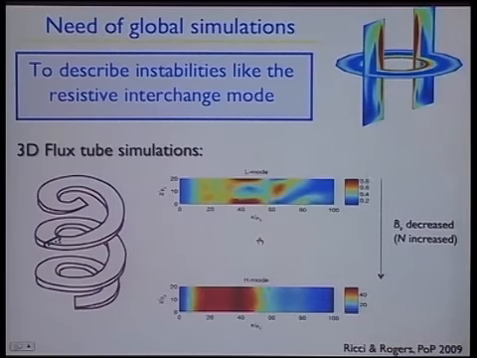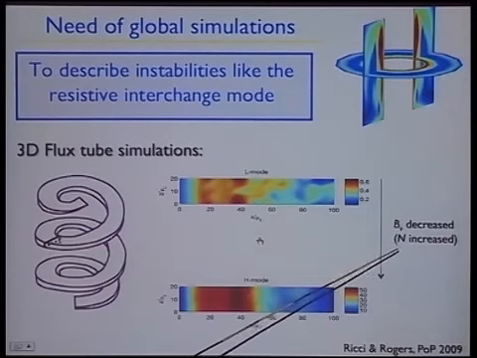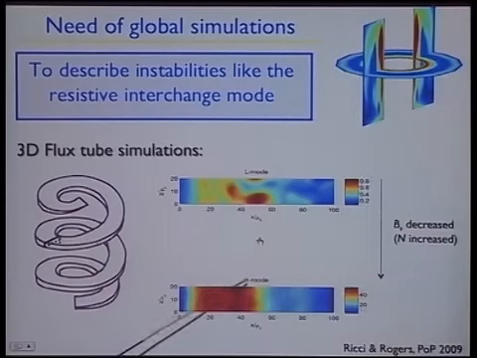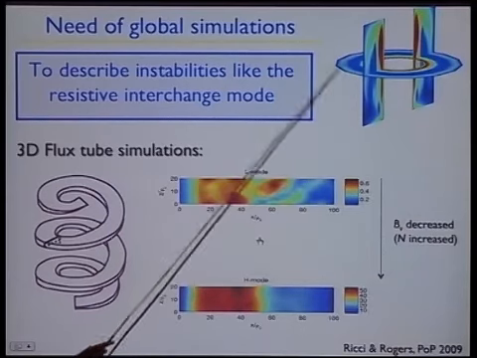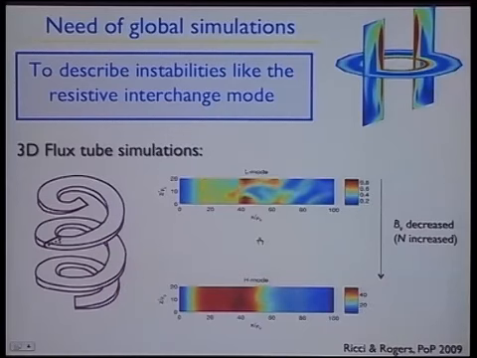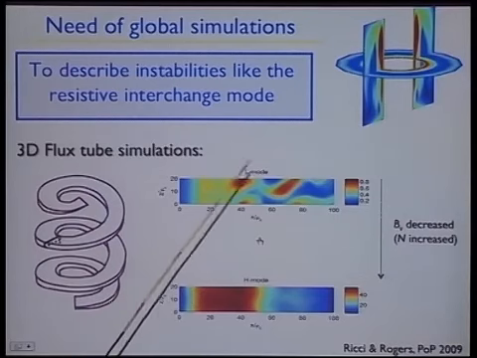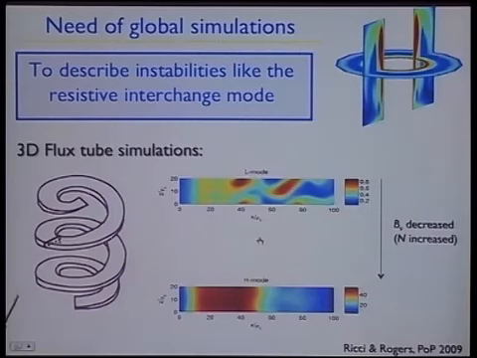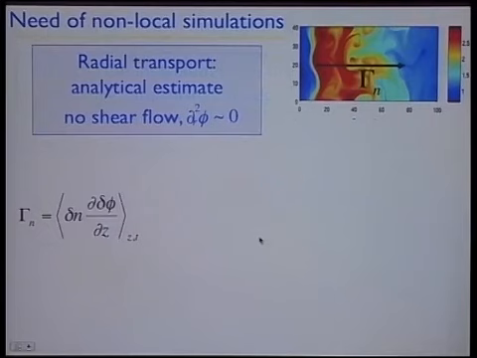But for high values of n, we cut a mode, we eliminate one big global mode from the system. So the drive of turbulence in this system is reduced with respect to the real configuration. And what one observes is a steepening of profiles and an increase of shear flow that is not seen by changing n in the experiment.